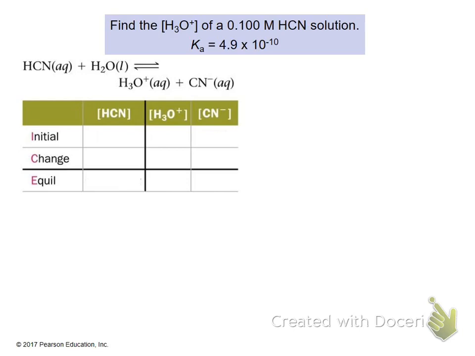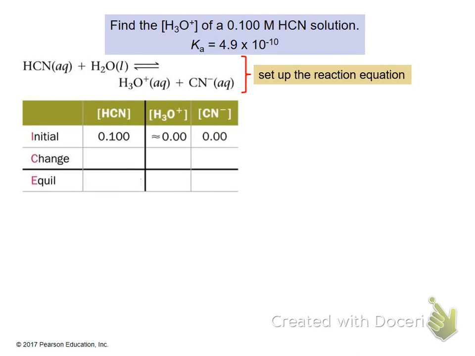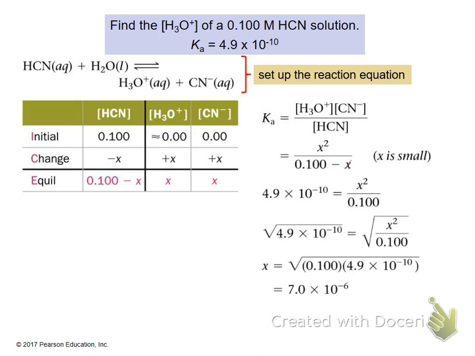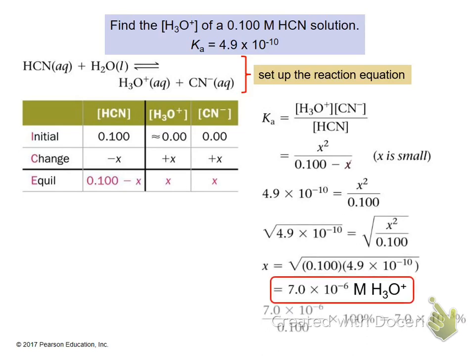Here's a cleaner version. So set up your reaction, populate the ICE table, write the Ka expression, and solve for x. And if you're going to use the approximation method, make sure that you validate the approximation.